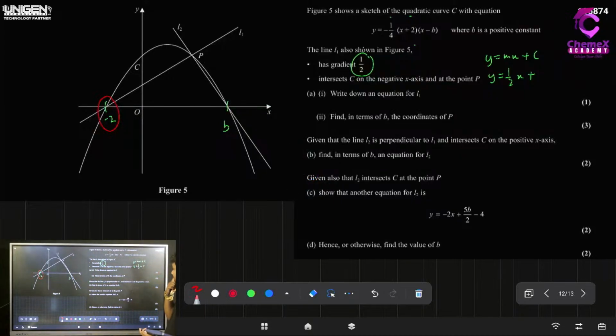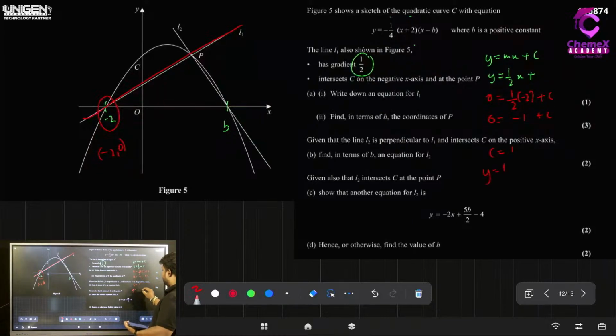Now, if you know that, how do you do the next? So we know that one of the points is minus 2 comma 0, right, where that line cuts L1. So use that here. 0 equals 1 over 2 into minus 2 plus c. So it's minus 1. c equals 1.